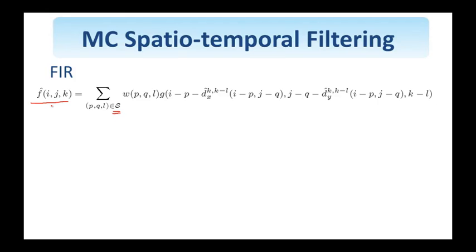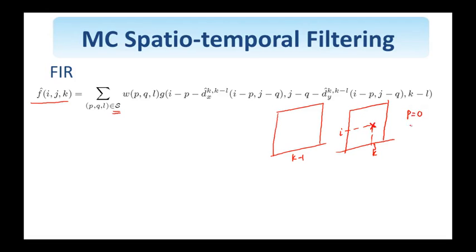So for example, if I consider here the current frame and the previous in time frame k minus 1, I'm interested in finding the filtered value at location ij, and if I consider the values p equals 0, q equals 0, and l equals 1, so I'm looking at the ij location in the previous frame.